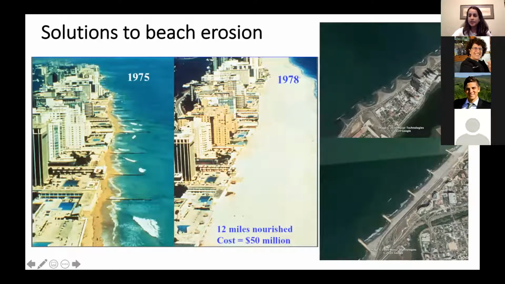And here are some examples of what coastal scientists and engineers do to deal with this beach erosion. So there are two main approaches to preserving beaches. One is what we call a soft approach, and then there's also hard engineering structures.